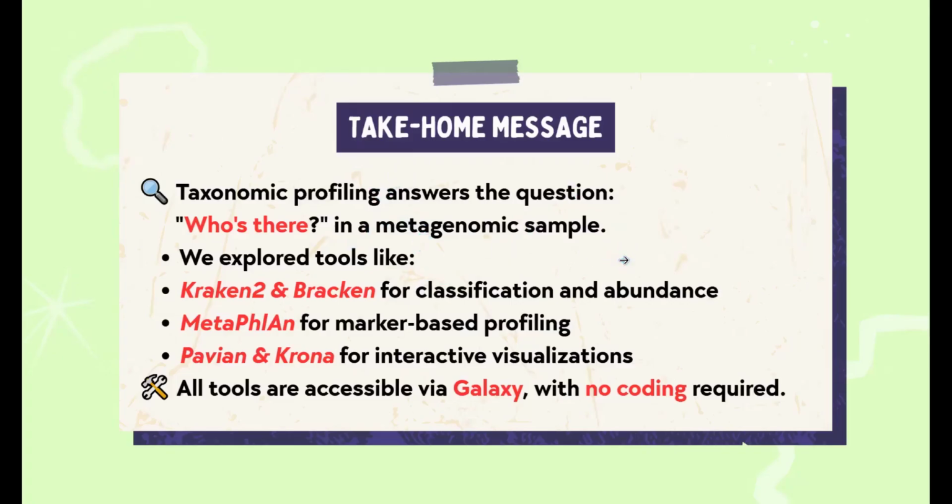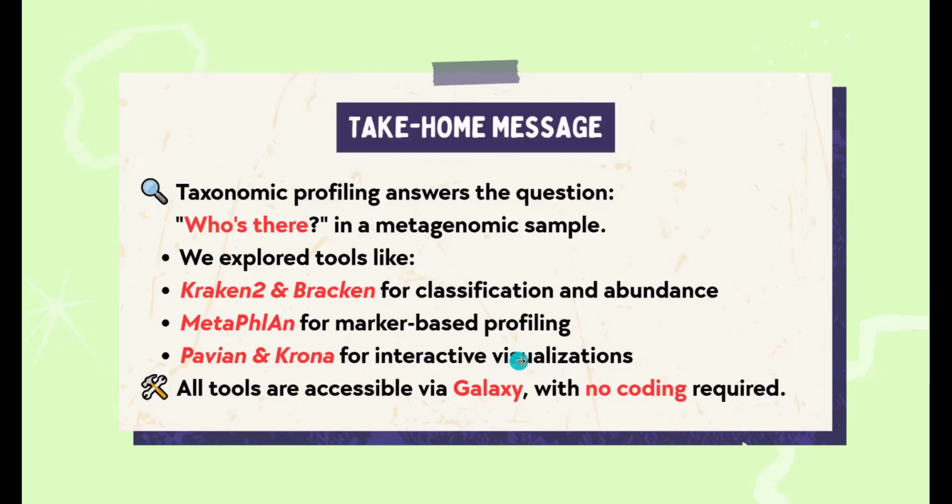We have explored tools like Kraken2, Bracken, MetaPhlAn, Pavian, and Krona. We applied Kraken2 and MetaPhlAn to assign taxonomic labels to our microbiome sample datasets, and we then visualized our results using Krona and Pavian to analyze and compare those datasets.